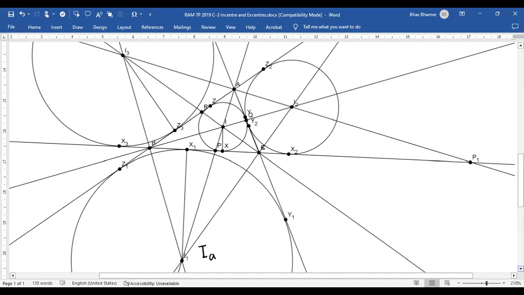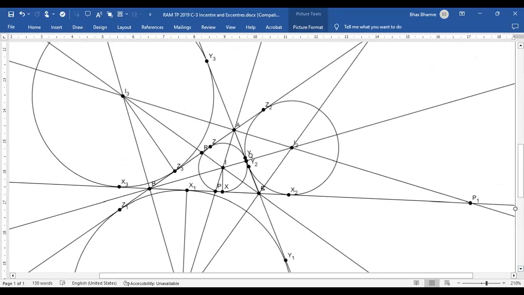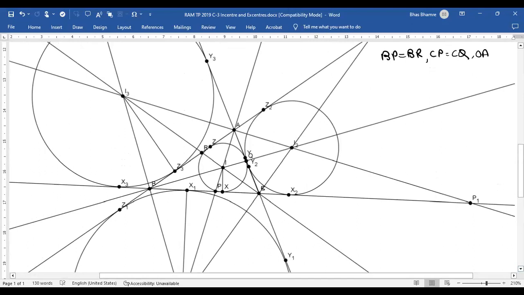Now, in terms of what we can find out, first of all, all the lengths. I am going to narrate right over here. All the lengths like BP equal to BR, CP equal to CQ, AQ equal to AR.